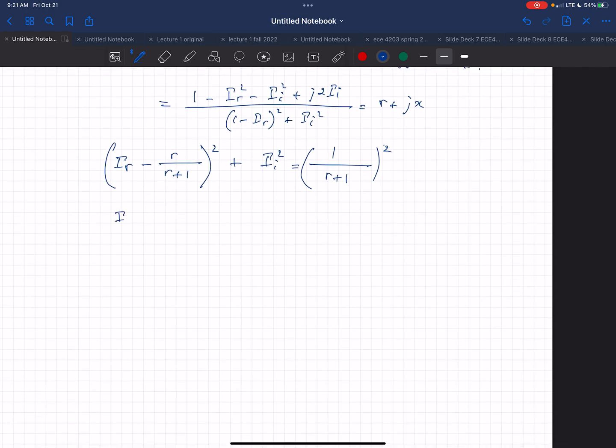And gamma sub R minus 1, squared, plus gamma sub I minus 1 over x, squared, is equal to 1 over x squared.